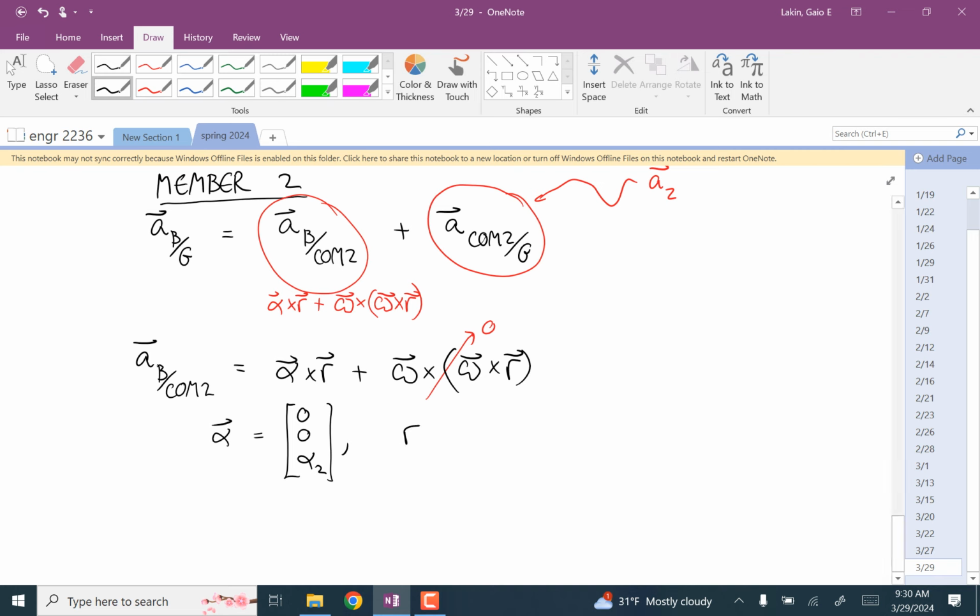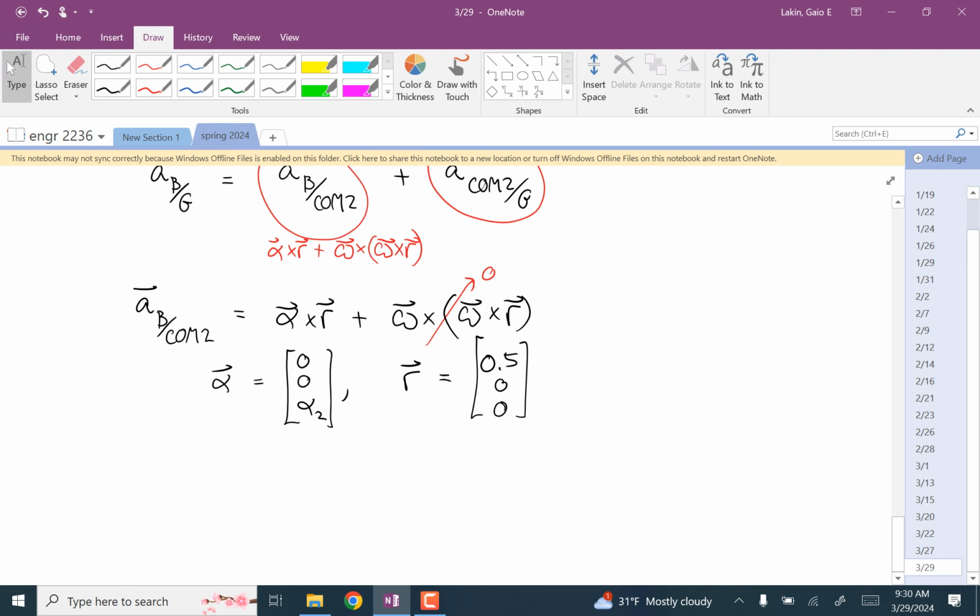And then the R vector for this one, this is the vector from the center of mass of body 2 to that point B. So this time that's positive 0.5, 0, 0. And so the acceleration of B relative to the center of mass of 2 is 0, 0, alpha 2 crossed with 0.5, 0, 0.